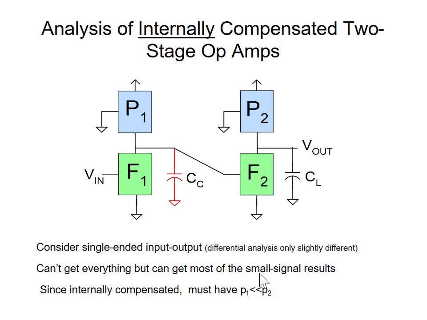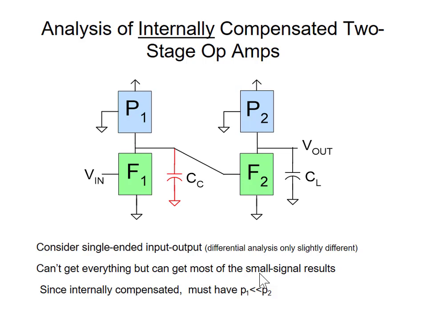How about the second pole? P1 is the dominant pole. Can we get the pole? No, give it to me. It's the capacitor times the space in the node, so it's 1 over C sub C. Well, I guess G out 1 plus G out 2 over C sub C. That's the first one.